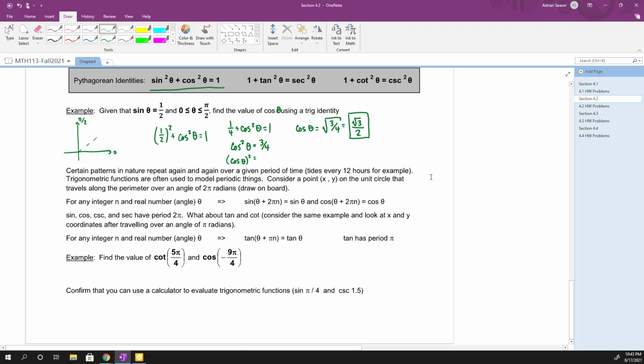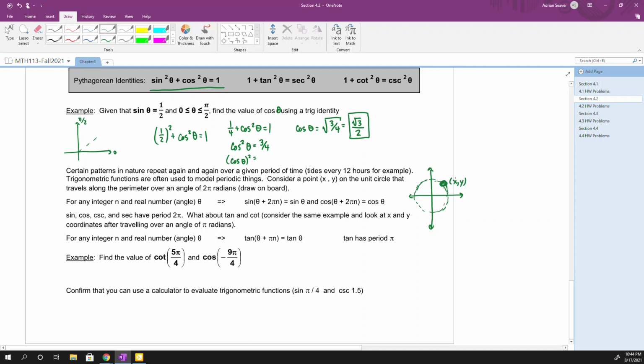Try that again. Not perfect, I agree. Not great. Okay, so but I'm at some point here, x comma y. So I'll call this my point, x comma y.